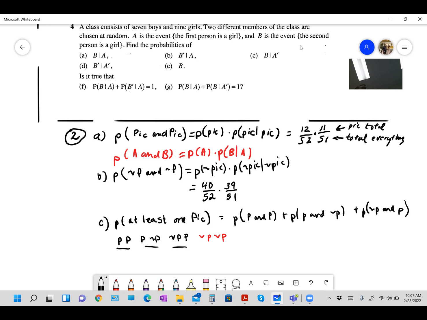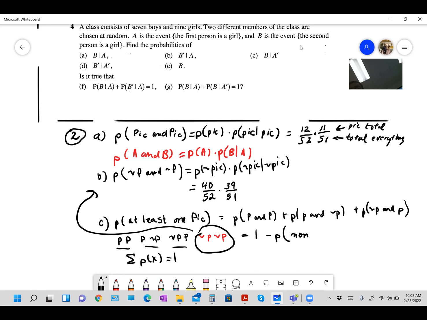However, the sum of all these probabilities equals 1, and since I already know this one because I solved it here, I know that at least 1 is 1 minus the probability of none being a picture card.